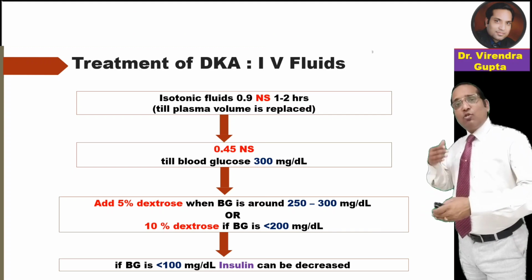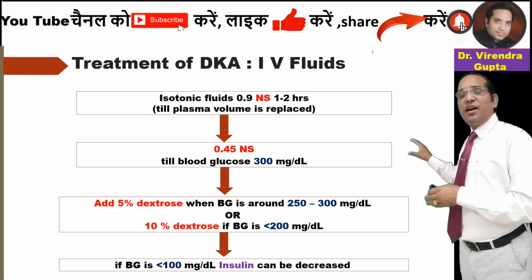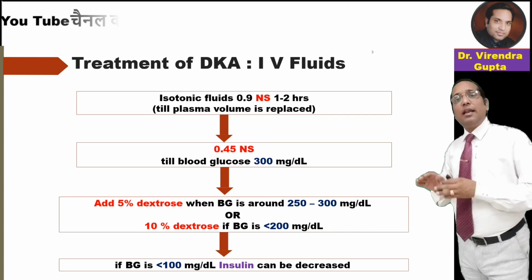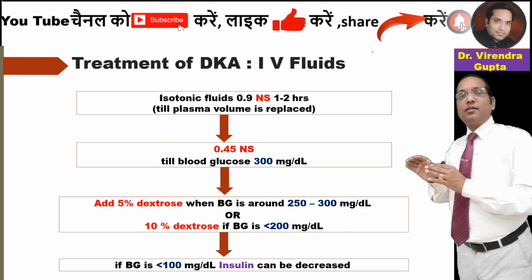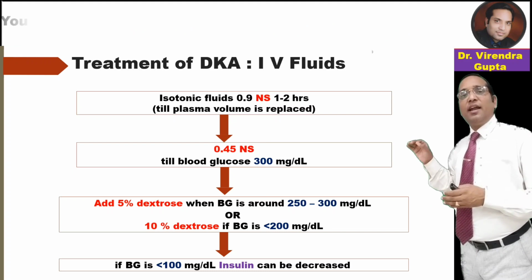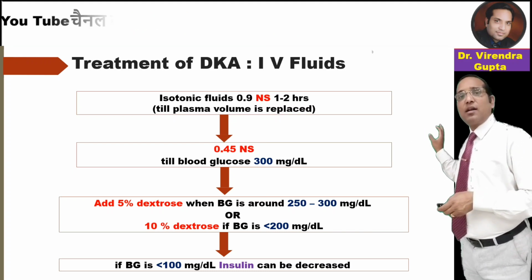Guys, if the blood glucose level is falling continuously or is less than 100 milligram per deciliter, we can decrease the insulin, because the insulin works on the acidosis, and ketones may decrease, at the rate of 0.02 to 0.05 international unit per hour.